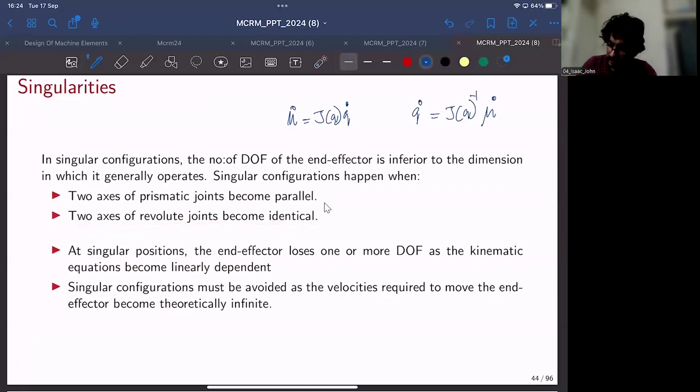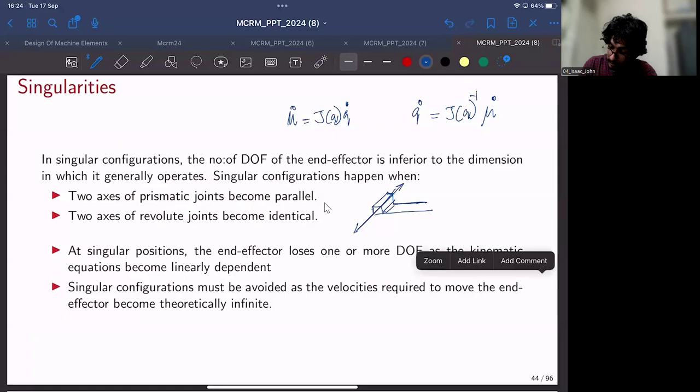For example, I'll show one example. If you have a prismatic joint like this, and it moves back and forth like this, and it is connected to a link like this, and you also have a prismatic joint going vertically up like this.